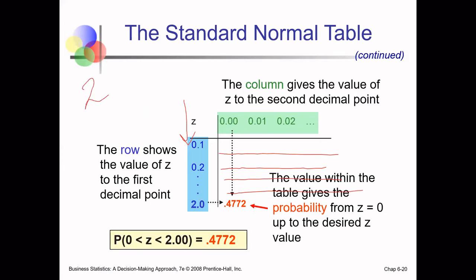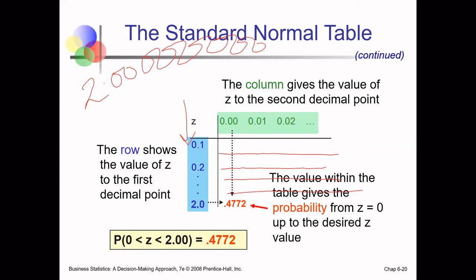When you want to find the 2, you can assume 0.00, because the number will not change. In 2, you could write thousands of zeros, it doesn't matter, because it's just a 2. So you want to find the value of 2 using the table.